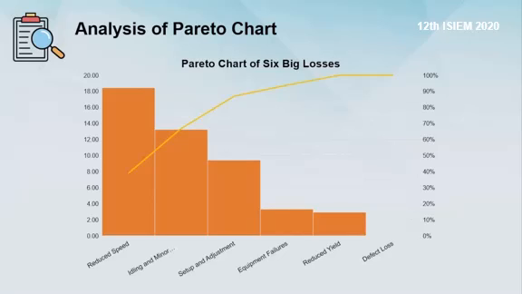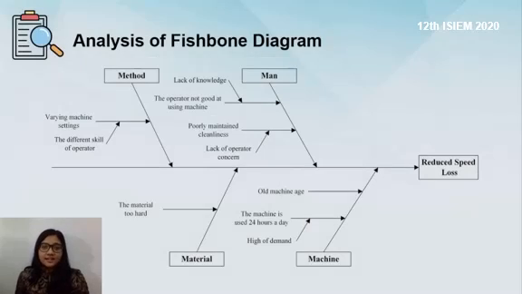In Pareto theory, it is said that the highest 20% of problems are the main problems that must be solved, because by dealing with them, it can solve other problems. Therefore, we will analyze the causes of the reduced speed loss with the fishbone diagram.